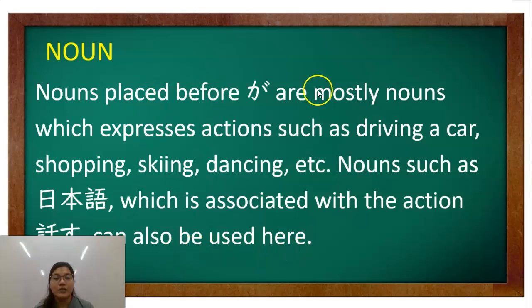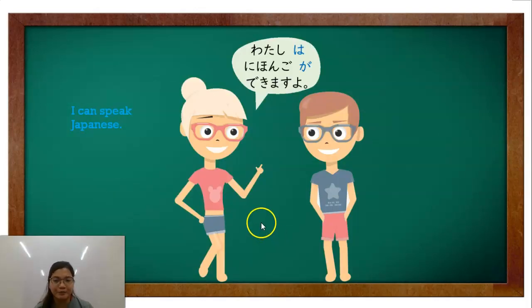So aside from nouns that express action, you can also use nouns such as languages, or those associated with speaking or hanasu. For example, watashi wa nihongo ga dekimasu yo. Kaya kong, in Tagalog, sasabihin mo, kaya kong mag-Nihongo. So, kaya kong mag-Japanese.